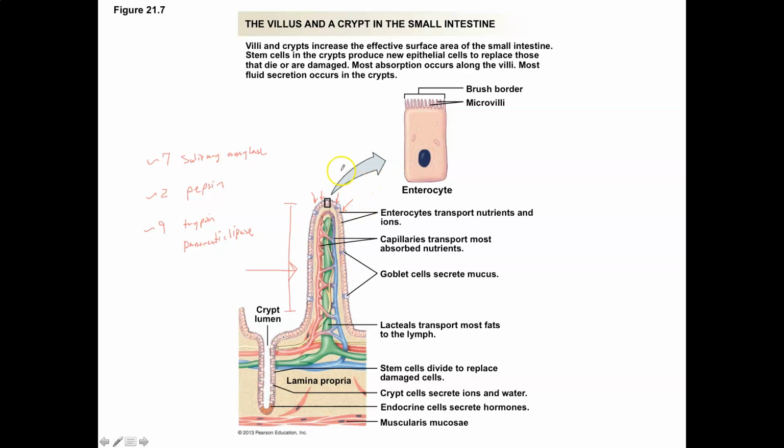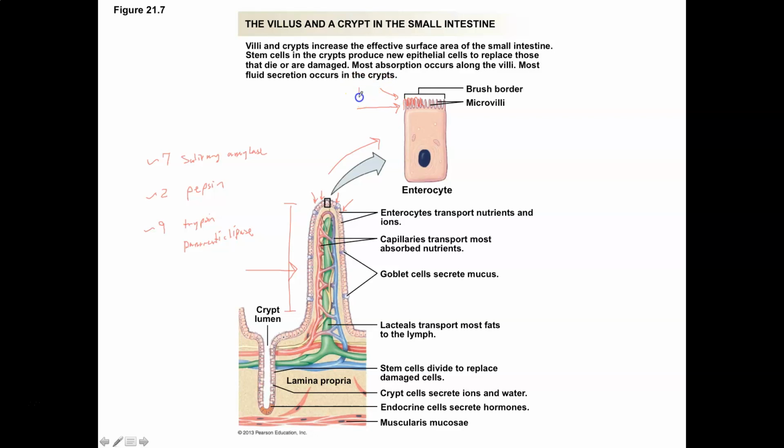If we were to enlarge the epithelial cells, we could see that the epithelial cells actually have microvilli. Microvilli are extensions of the plasma membrane of the epithelial cells, and all those added extensions are creating more surface area for that epithelial cell.